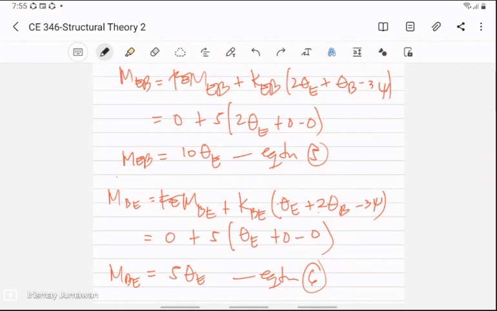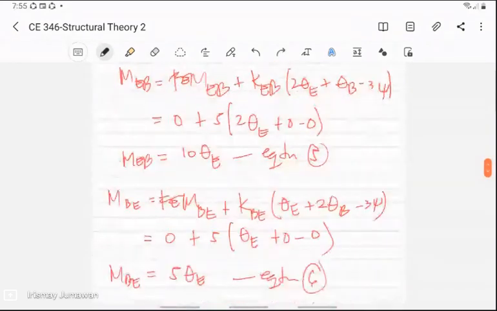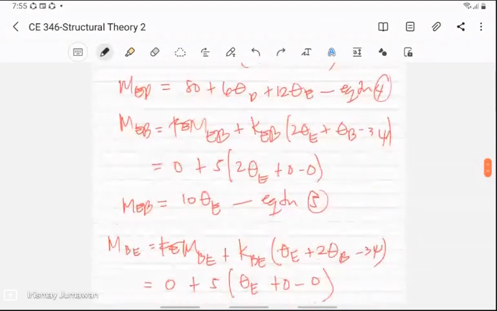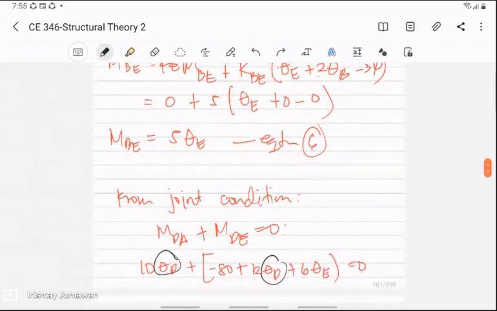So we have now our moments. We need to determine the rotation values so that we can substitute and get the moments. Looking at our equations, there are two variables to be determined. Looking at our joint condition, moment DA plus moment DE is equal to 0.